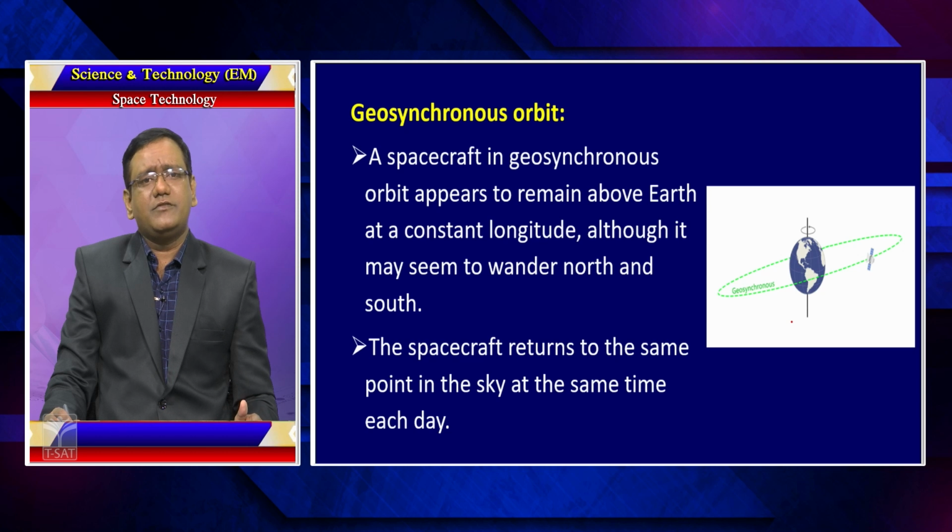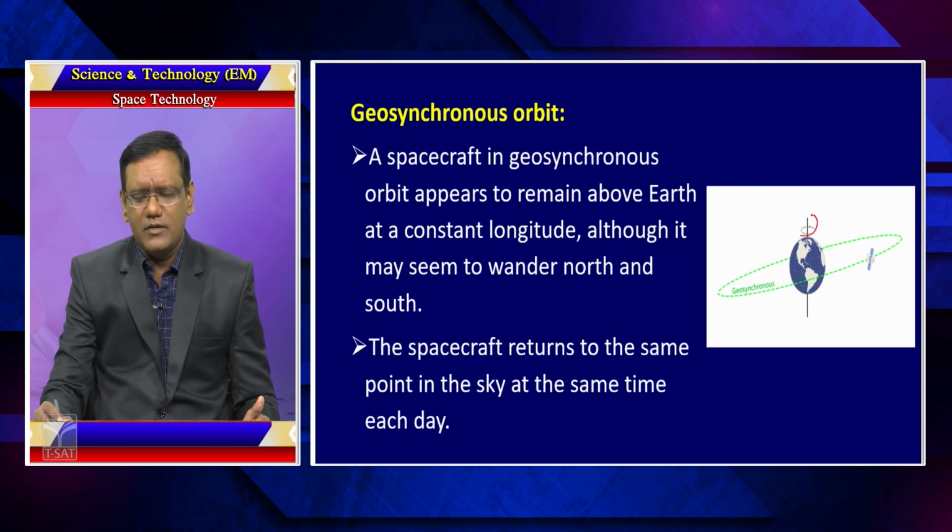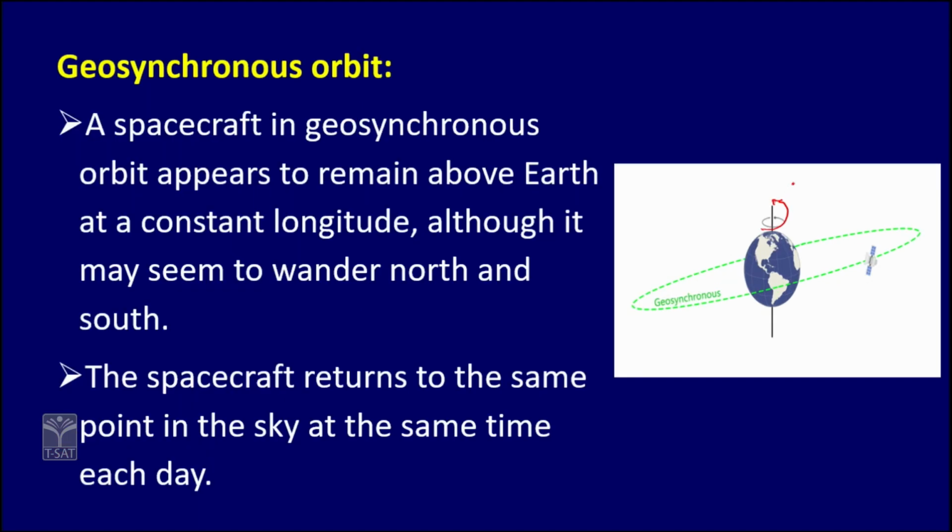The spacecraft returns to the same point in the sky at the same time each day, because the Earth revolves on its own axis, and the satellite is also moving around the Earth's axis, and both have the same time period. Time period means the time required to move from one place and come back to the same place, a full 360 degrees.